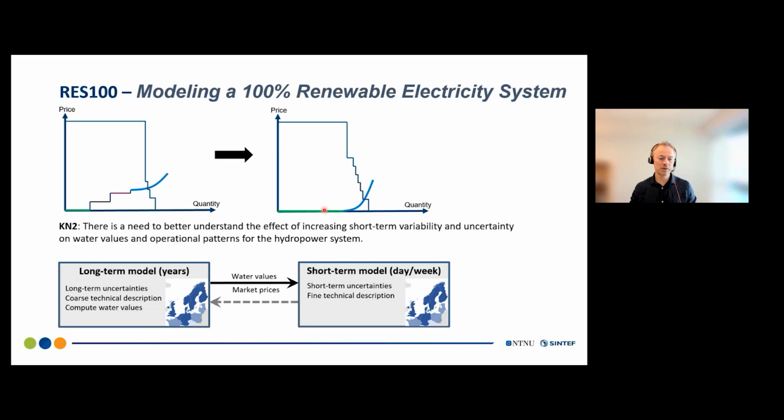And essentially, we are used to work with long-term models that deal with long-term uncertainties and slow variations and a rather coarse technical description of the system, whereas now we need to more address also the finer time resolutions, the shorter term uncertainties, and different types of technical descriptions of different technologies. So that's the research challenge within the project.